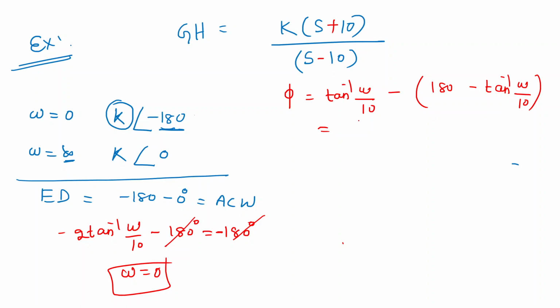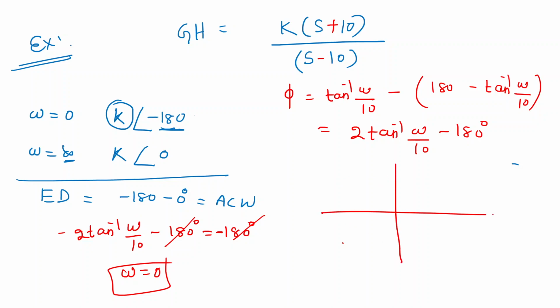Previously, whatever I wrote, just cross verify. Yes, sir. Tan inverse omega by 10 minus 180. This is the phase. After finding out the phase, we got the polar plot, something like that. It will start anti-clockwise, and this is anti-clockwise.